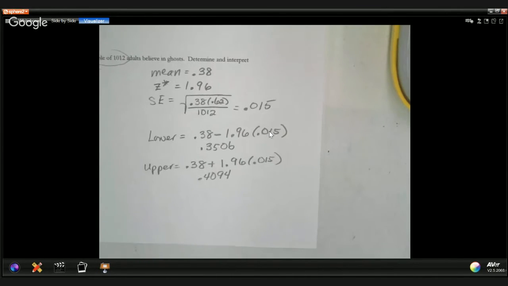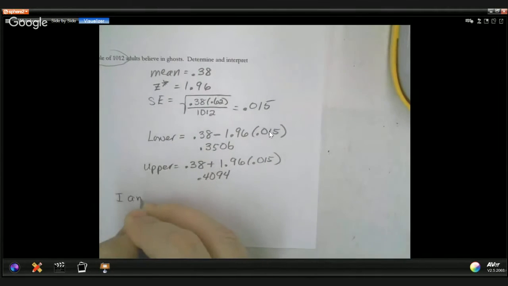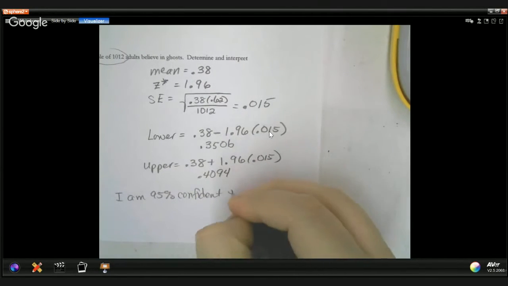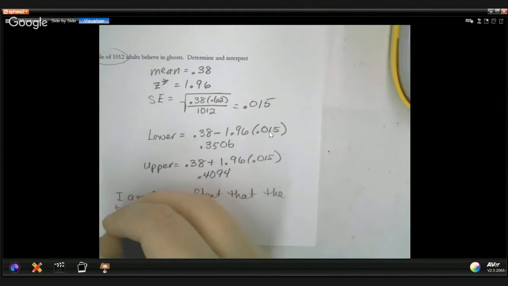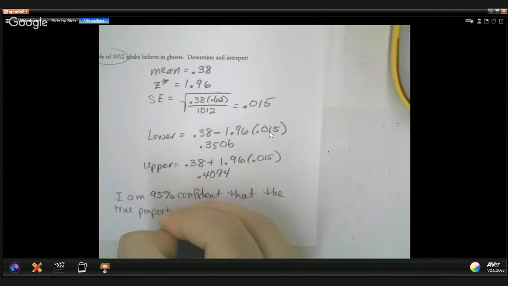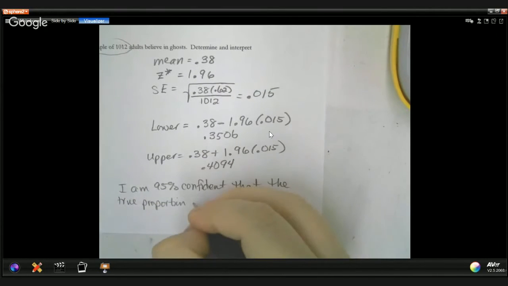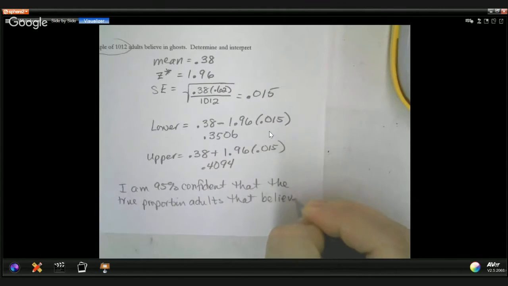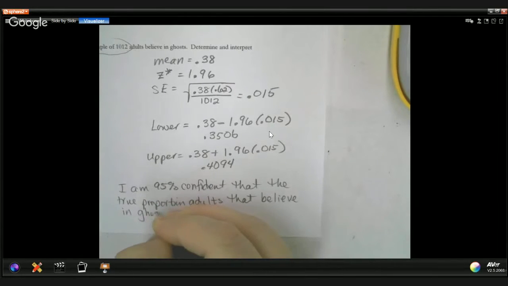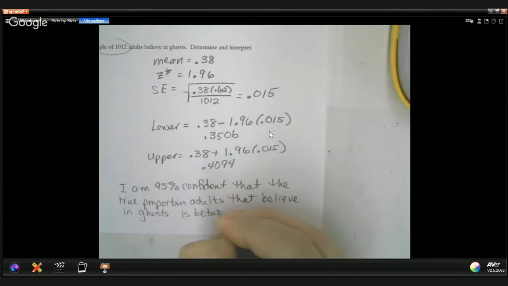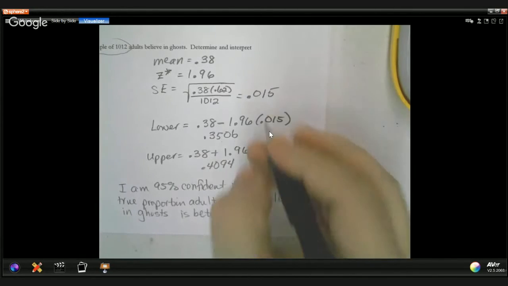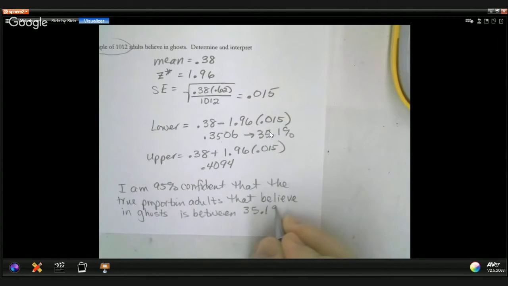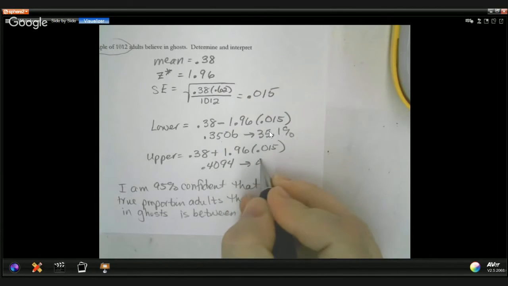So what that translates to here is I am 95% confident that the true proportion of adults that believe in ghosts, that's the context, is between 35.1% and 40.9%.